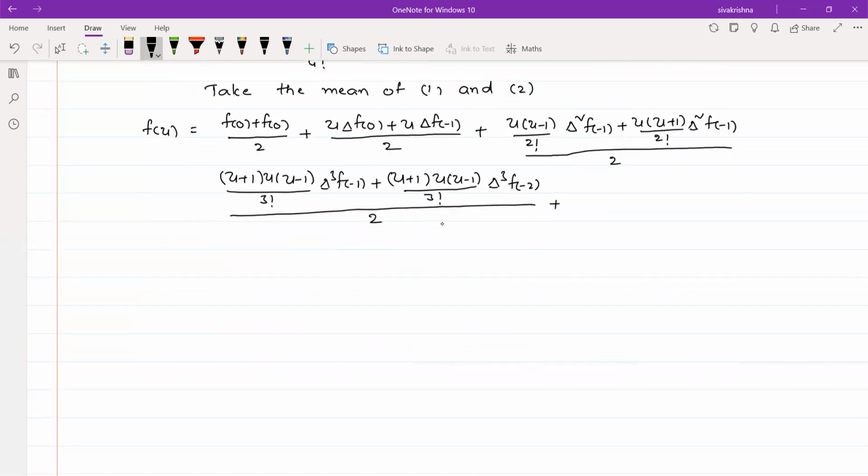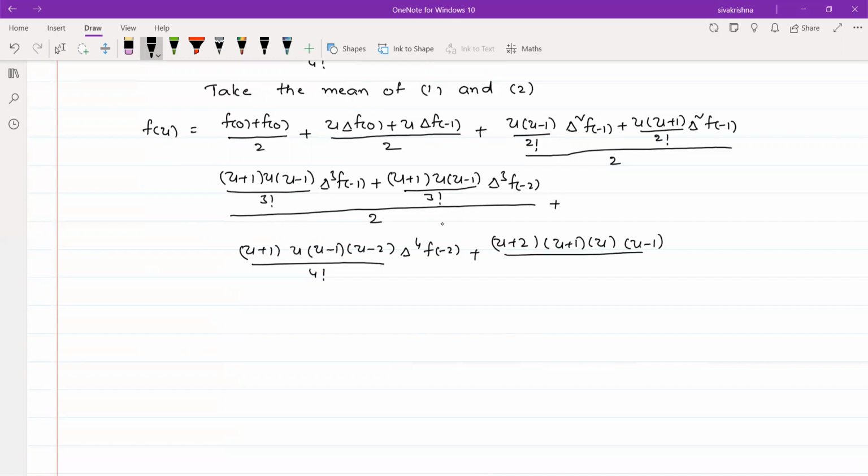So the last term in both the equations is, once again I am writing, u plus 1 into u into u minus 1 into u minus 2 by 4 factorial into delta power 4 f of minus 2 in equation 1, plus, and in equation 2 we have u plus 2 into u plus 1 into u into u minus 1 once again by 4 factorial into delta power 4 f of minus 2, by 2.